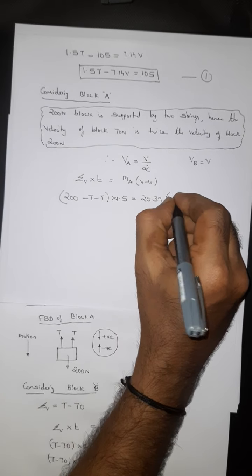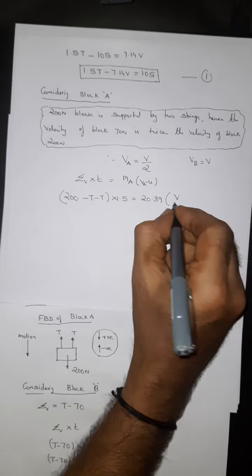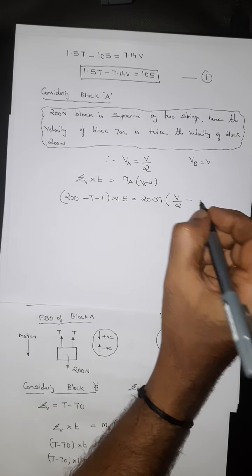V is nothing but VA, and VA is nothing but V by 2. Initial velocity is 0 because it starts from rest.